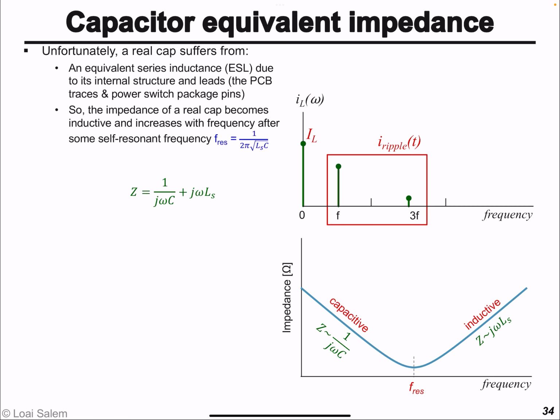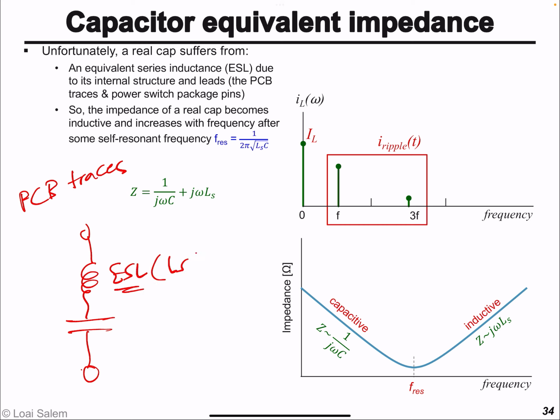However, that's not the point. The issue is that in a capacitor, due to its structure as well as the printed circuit board traces, we introduce some kind of equivalent series inductance. Let's call it LS. As we increase the frequency, we have 1 over j omega C and j omega L, and this is the equivalent impedance.